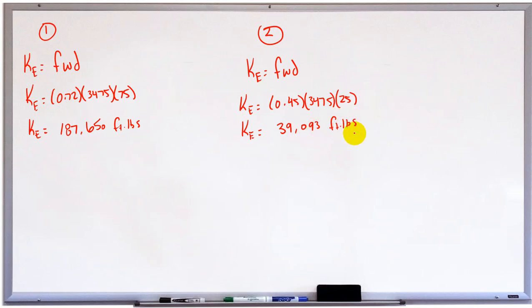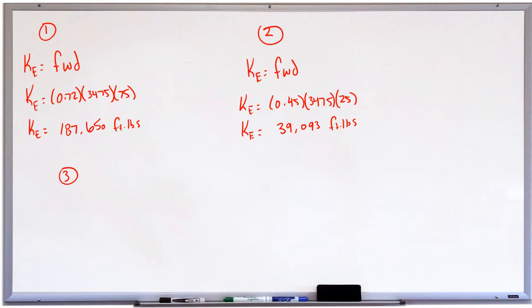All right, so I'm starting to figure out how much I spent at each store. At the first store, I spent 187,650 foot-pounds. At the second store, I spent 39,093 foot-pounds. Now, for this third store, I don't have a drag factor and a weight and a distance.